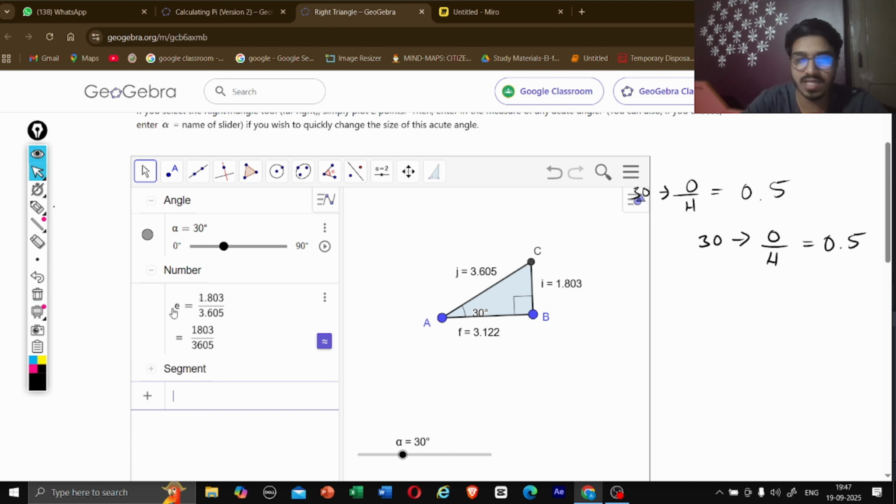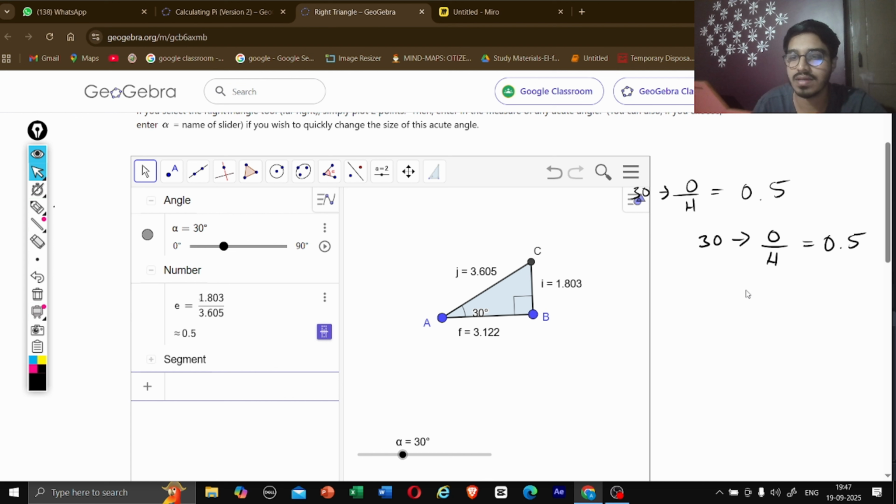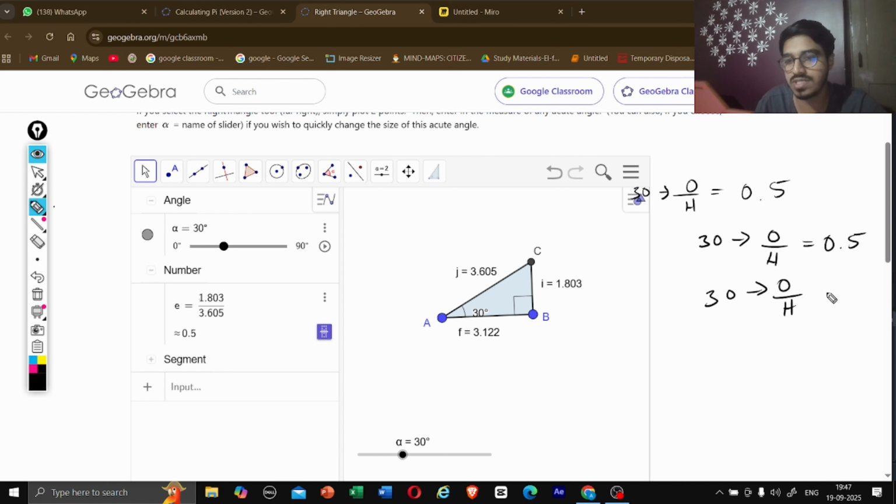We get the value again as 0.5. See, again we took three different triangles of different lengths. We did the opposite side by the hypotenuse, but I am always getting 0.5.